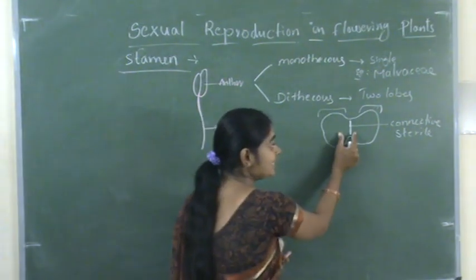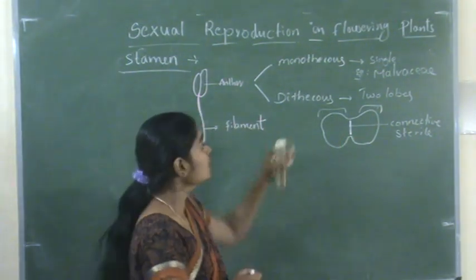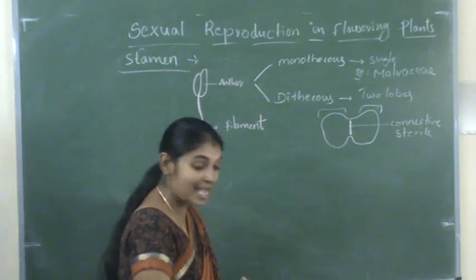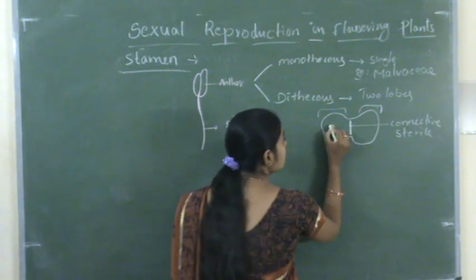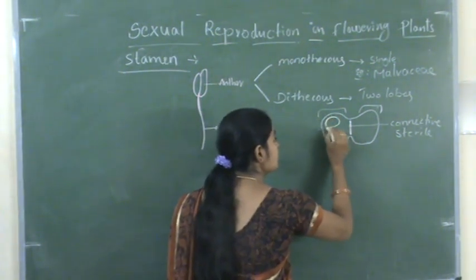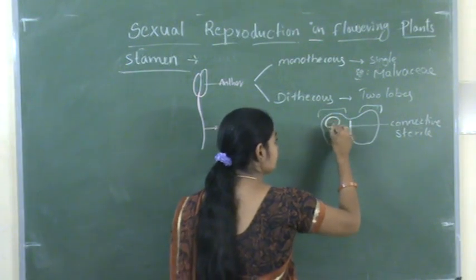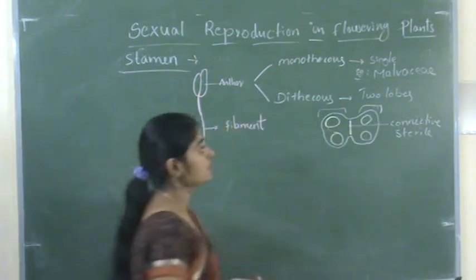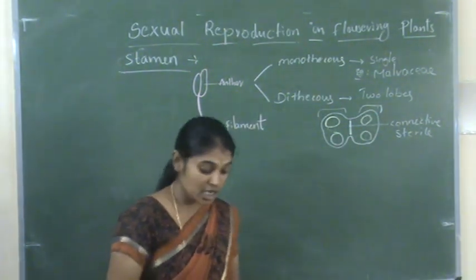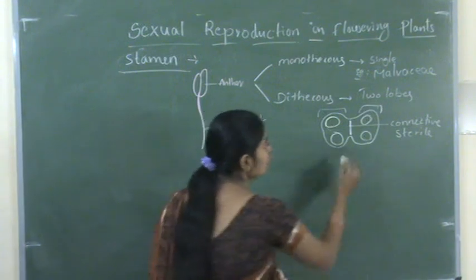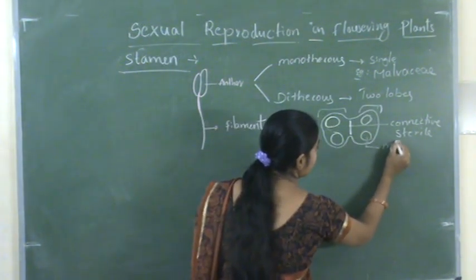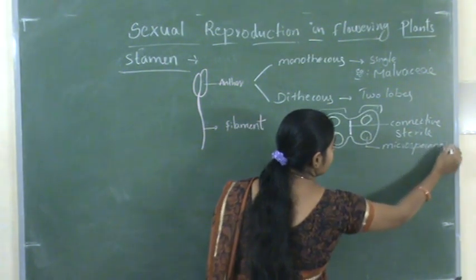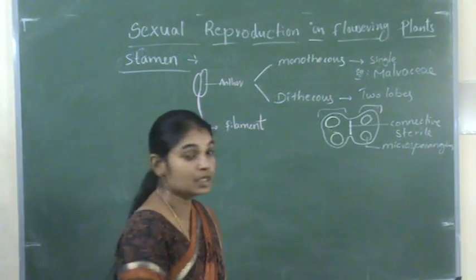It just separates the two lobes of the anther, and in each lobe there are two sacs or microsporangia.